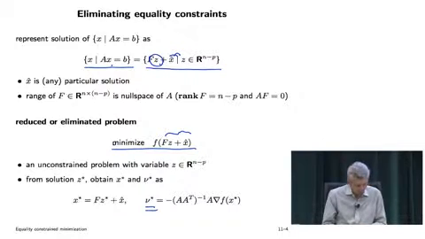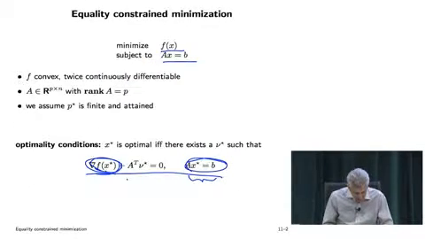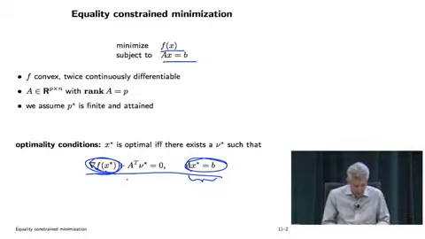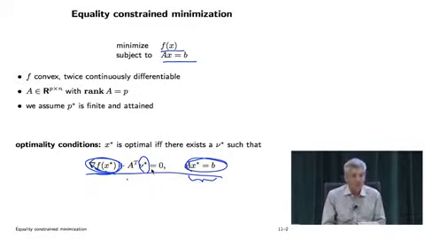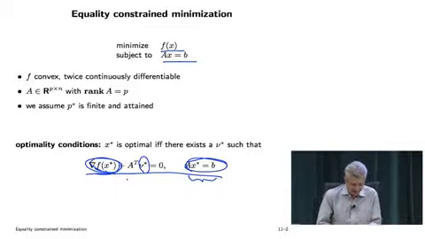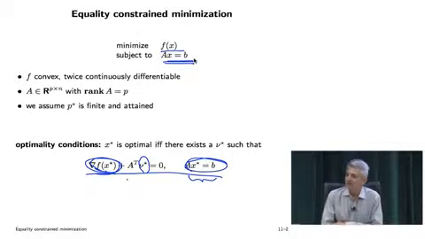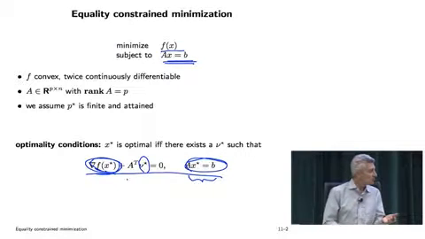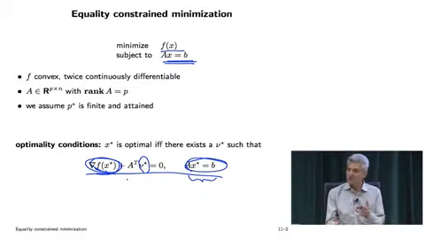Okay, so I should mention something about the interpretation. Sometimes you want to know this, because the interpretation of nu star is something like the prices, if every row of this is interpreted as some kind of clearing constraint, right? That the amount produced balances the amount consumed or something like that.